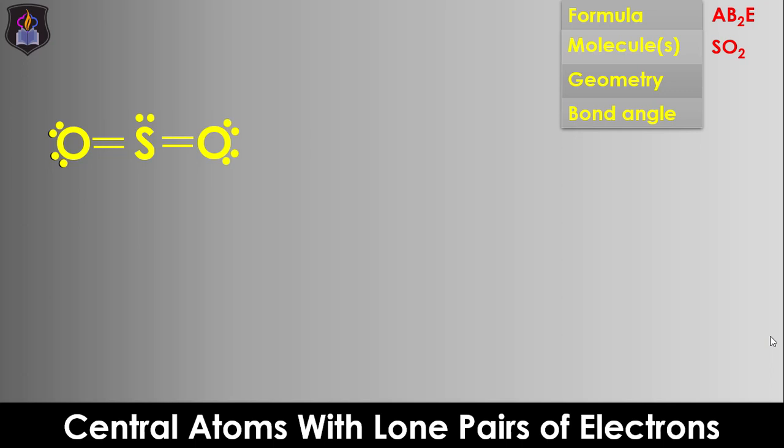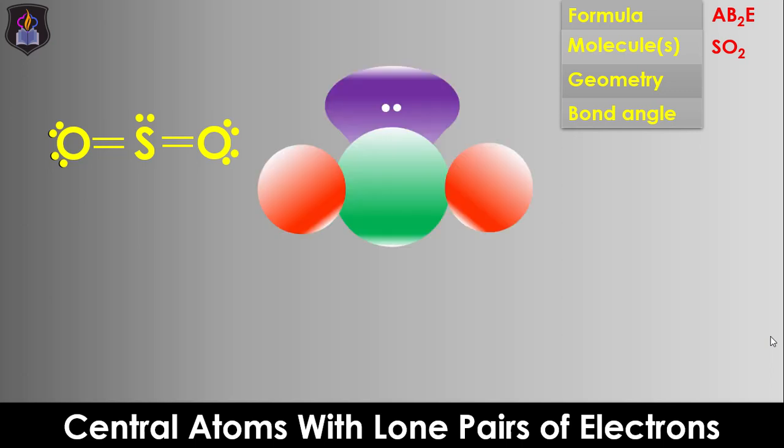Since the VSEPR treats double bonds as single bonds, the SO2 molecule can be viewed as consisting of 3 electron pairs on the sulfur atom. Of these, 2 are bonding pairs and 1 is a lone pair. Ordinarily, because of the 3 electron pairs, the overall arrangement is meant to be trigonal planar.